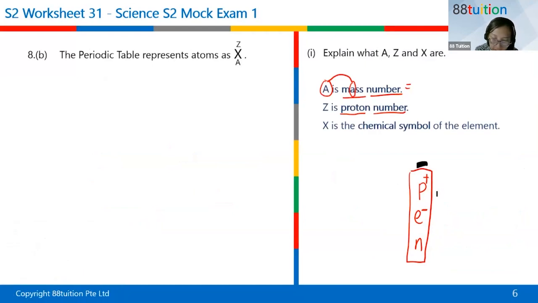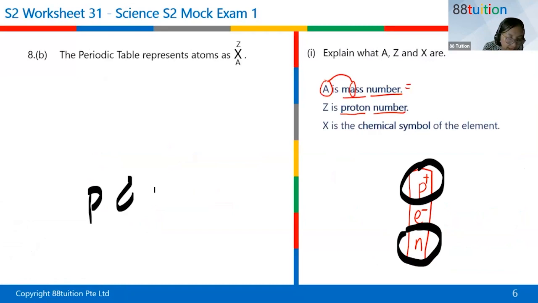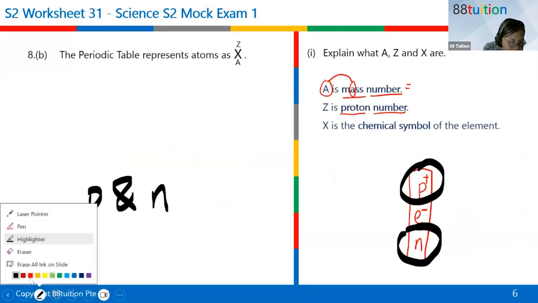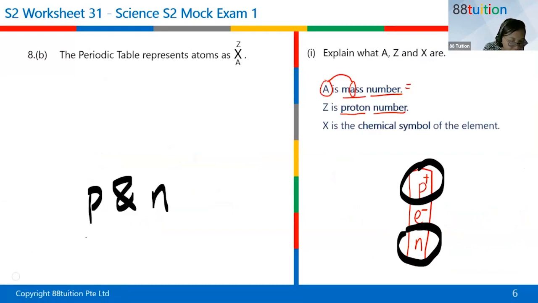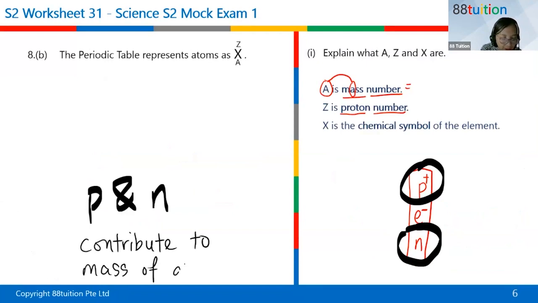So P and N will contribute to the mass of the atom, how heavy the atom is. It depends on how many protons you have and how many neutrons you have.